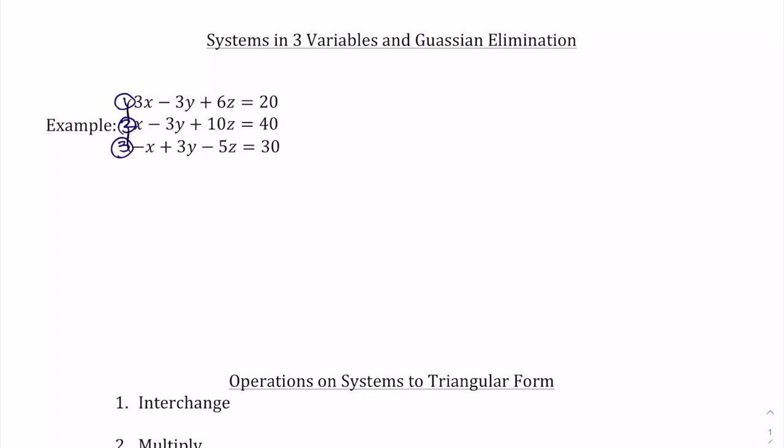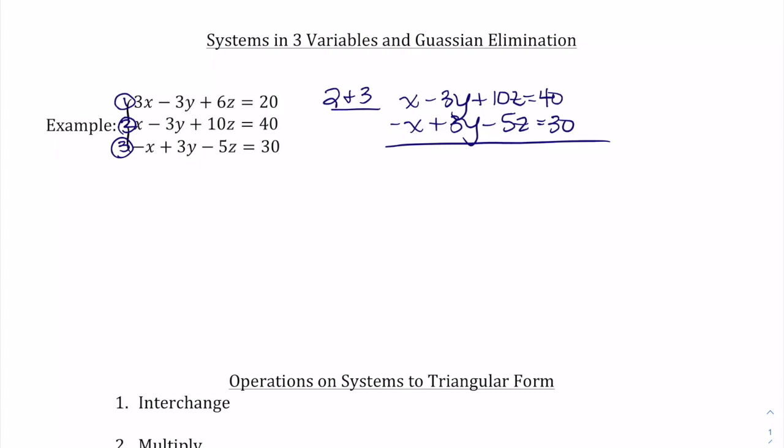If I look at equation 2 and equation 3, x minus 3y plus 10z equals 40, and negative x plus 3y minus 5z equals 30, and combine rows, these are going to cancel, these are going to cancel. I would have 5z equals 70, divide both sides by 5, and z would be equal to 14.